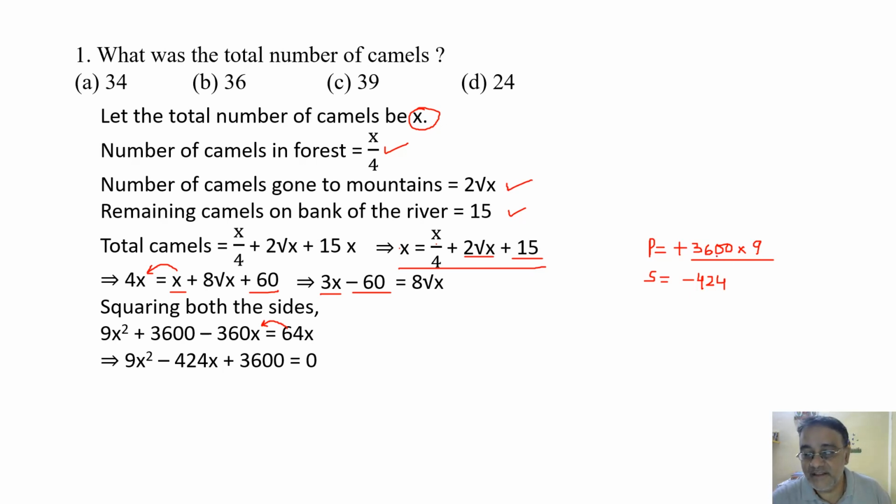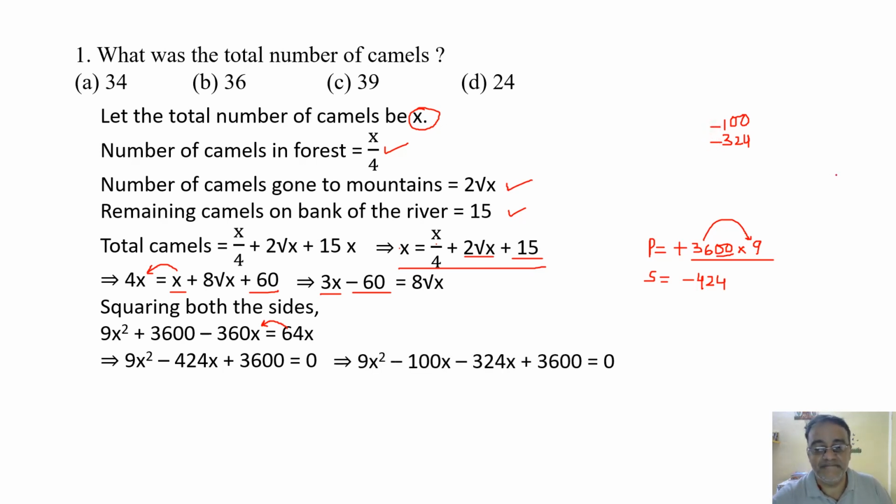So I'm taking 100. Now 36 into 9, how much is it? Trial and error method, 324. So 324, and both should be the same sign, and whatever the sign of the sum, we have to put. So minus 100 minus 324. Whether this step is clear? Yes, sir. Right. And the common between these two is x.